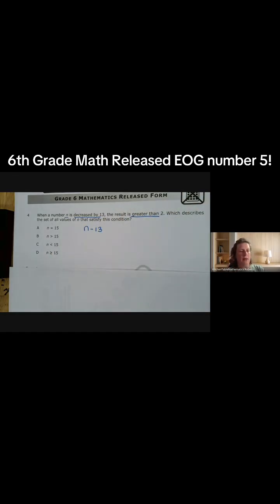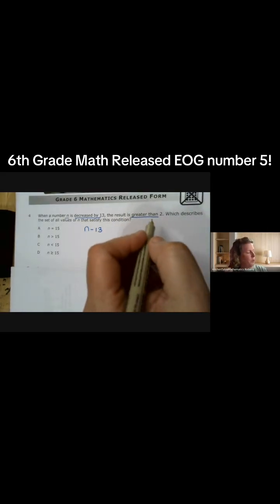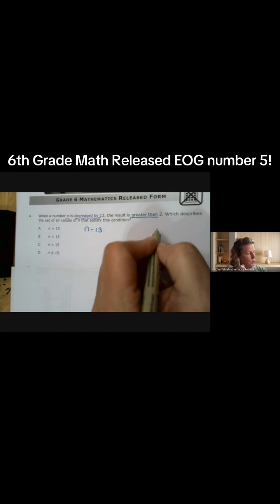Okay, let's talk about that. Students have a problem with this. I teach 11th graders currently, and they still struggle with this. We have 4 inequality signs that students are going to be working with in their middle school and high school math career.